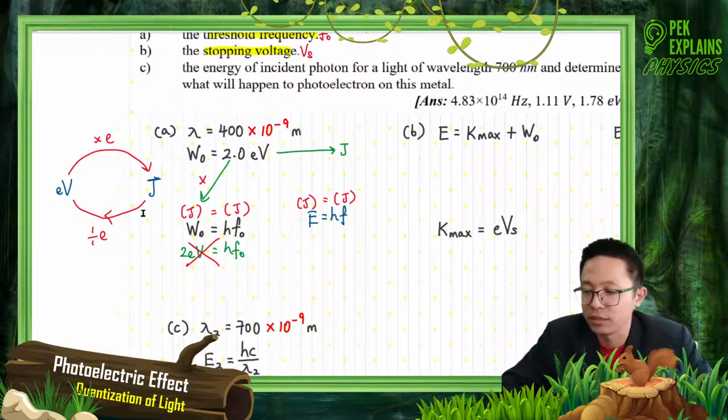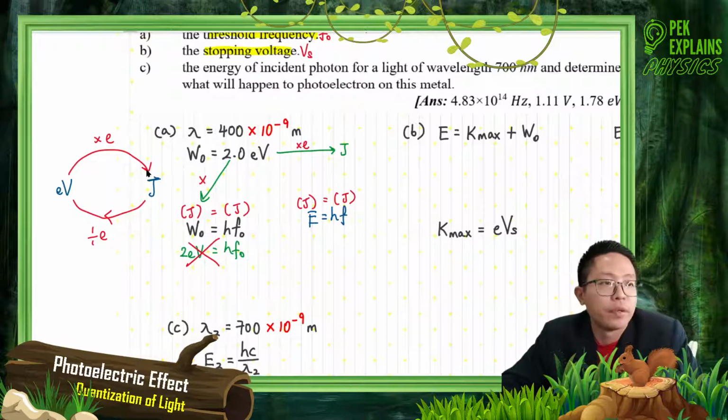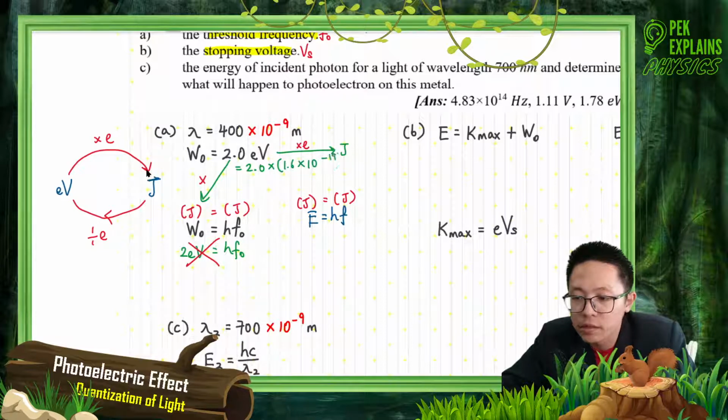Understand? But now we want to convert from electron volt to joule. So electron volt to joule means we multiply by the electron charge. So the answer is 2.0 times the electron charge, 1.6 exponent negative 19.